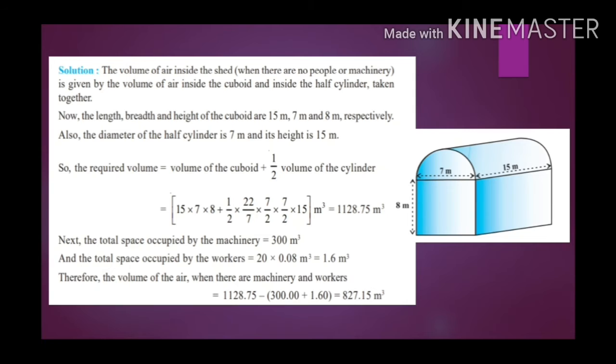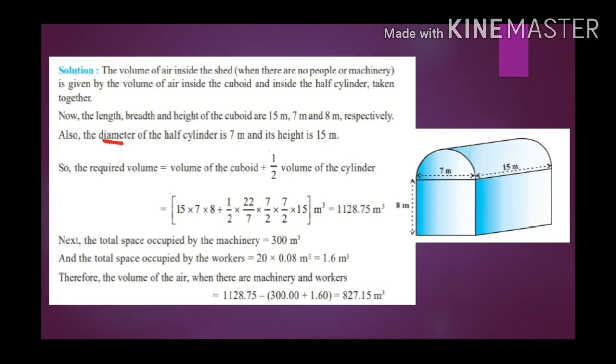The volume of air inside the shed is given by the volume of air inside the cuboid and inside the half cylinder taken together. The length, breadth and height of the cuboid are given as 15, 7, 8. Look at the diagram. Length is 15, breadth is 7, height is 8.